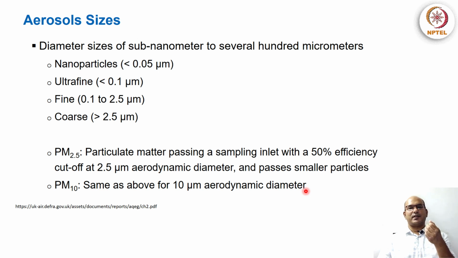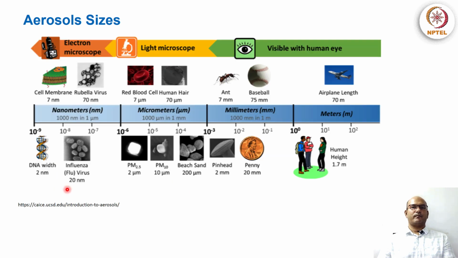PM10 would be the particles passing through an inlet for which, of particles of 10 micrometer, half of those particles will pass through. 50% of the total existing 10 micrometer particles will pass through that inlet, and the remaining not, and the particles of smaller size will pass through. So this is PM 2.5, PM10.